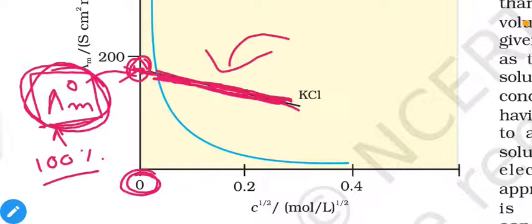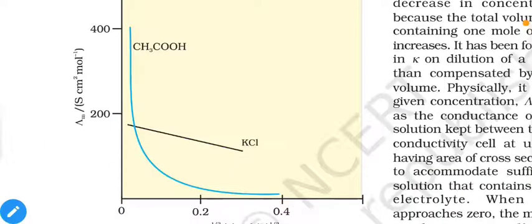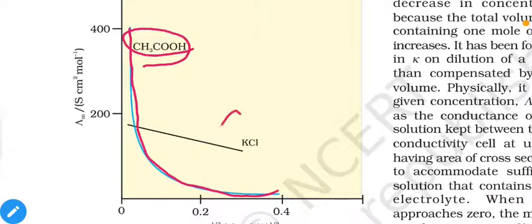But what about the weak electrolyte? As you can see in this case, for a weak electrolyte like CH3COOH, we got a curve, and it is not touching the y-axis. With a strong electrolyte, we simply stretch the line, and the intersection with the y-axis is the limiting molar conductivity.